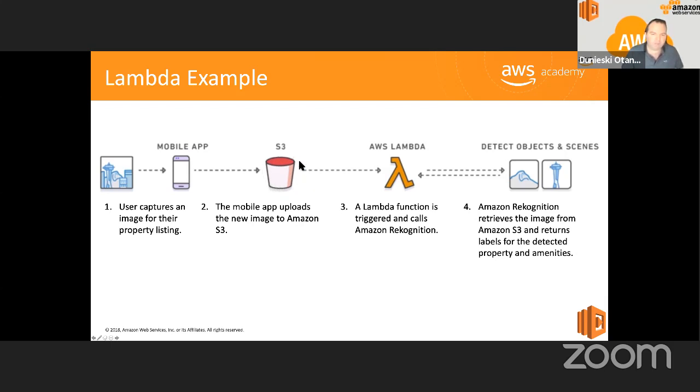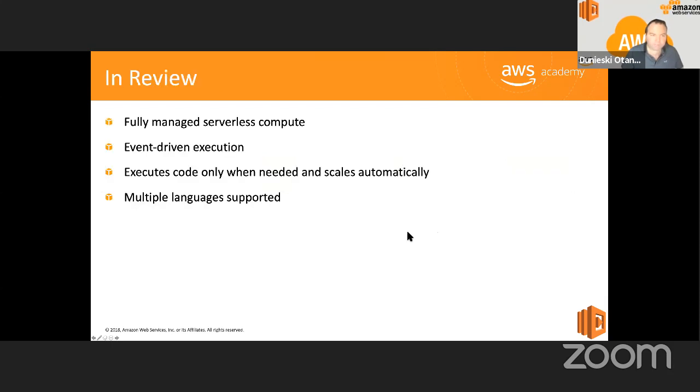There's one section of S3 called events, where you can trigger an event and call a Lambda function, and the Lambda function will call another service, in this case Amazon Rekognition. All right. So it's fully managed serverless compute, event-driven execution, executes code only when needed, and scales automatically.